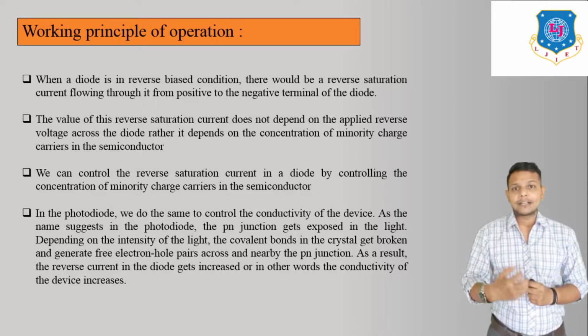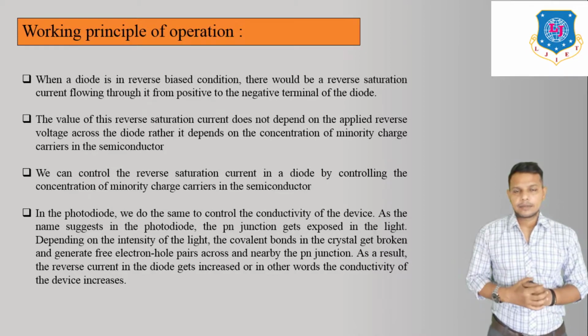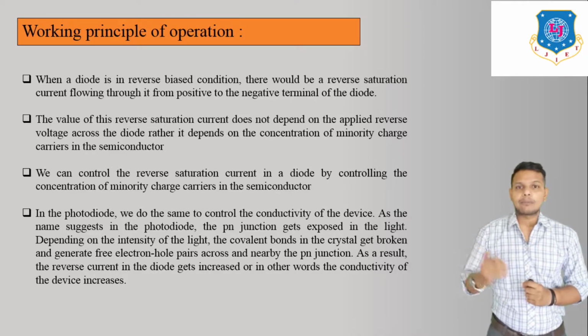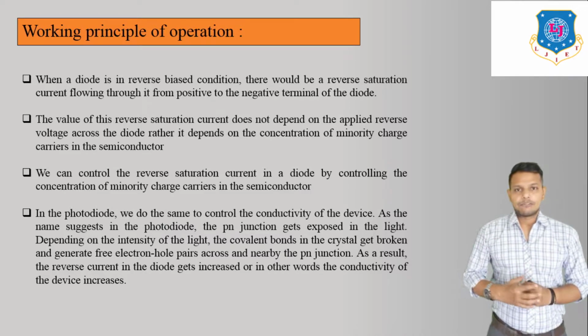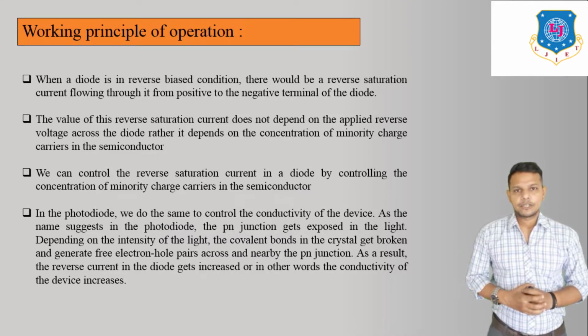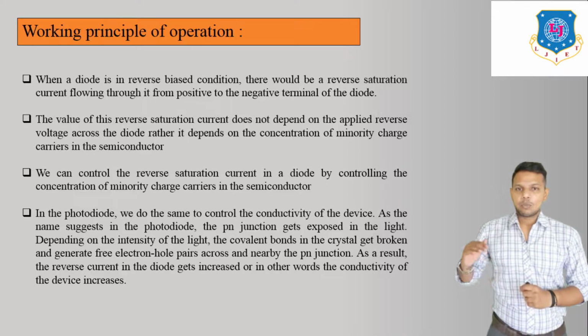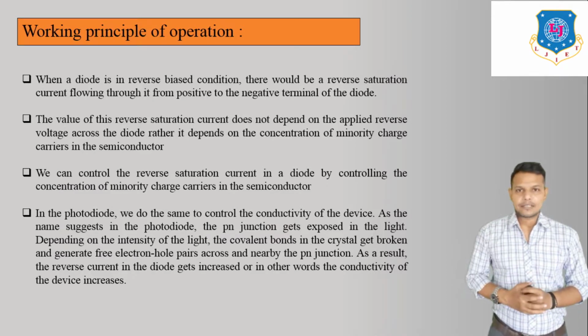If we strike light on the PN junction, the minor change can be noticed. If it works in forward bias, then forward current always flows in milliamperes, and due to this we cannot measure or notice the current change in the absence of light. Due to this reason, it always works in reverse bias condition.